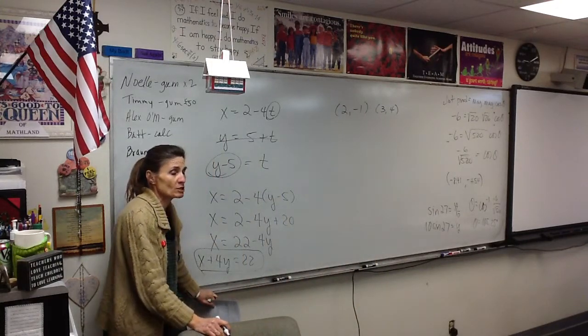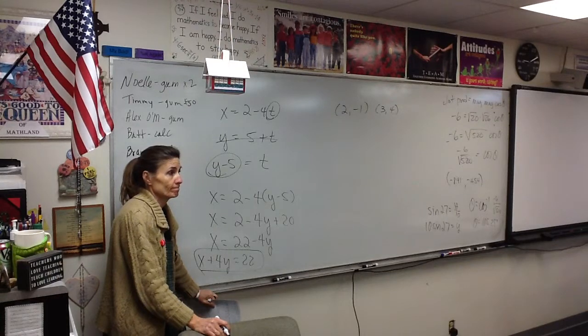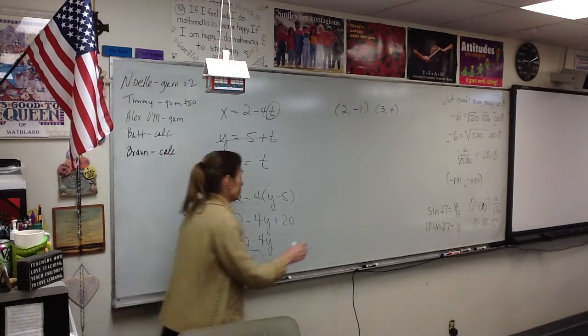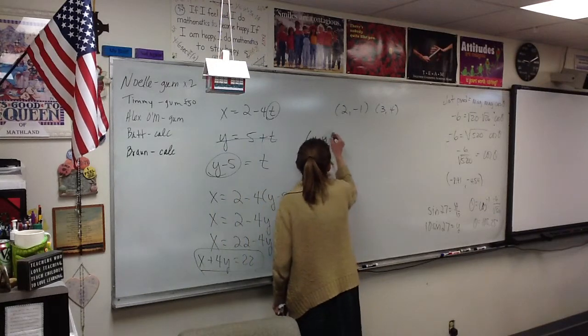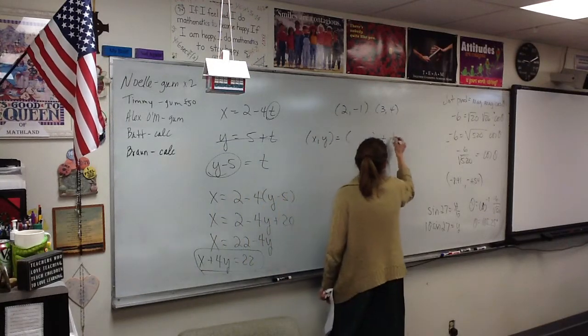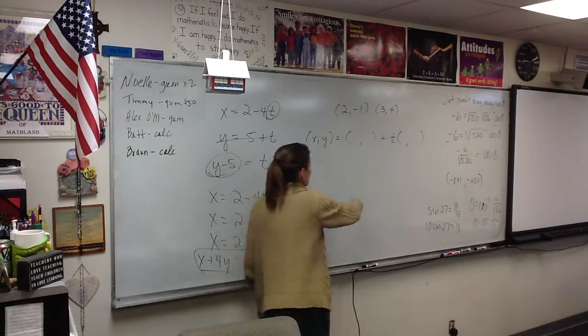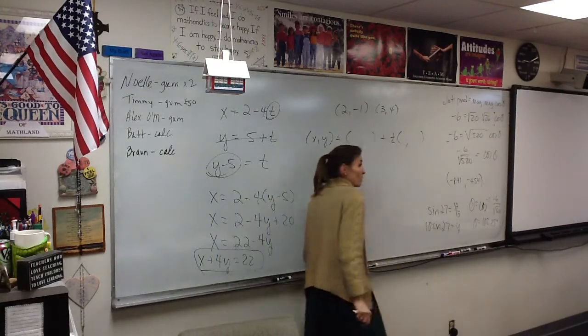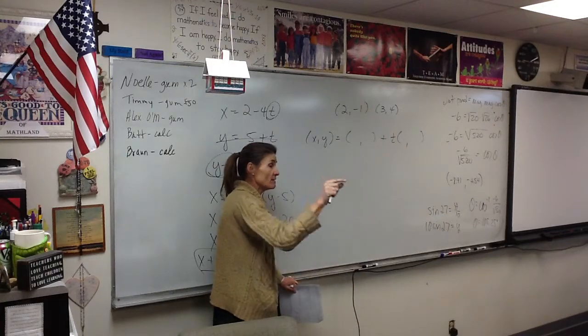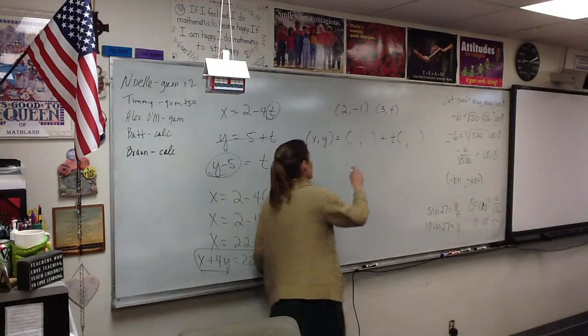All right, we're going to write the parametric equations for the line through these 2 points. Who remembers how we start? Olivia? This is the format: x, y equals parentheses plus t times parentheses. Now Olivia's going to fill in the parentheses for us.